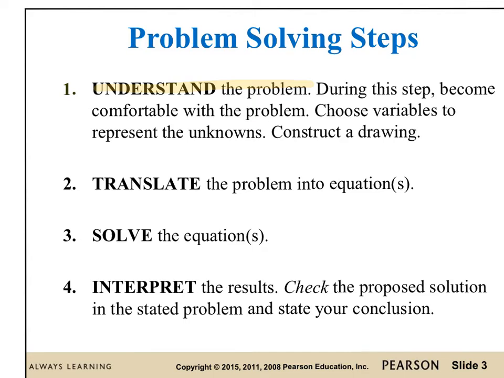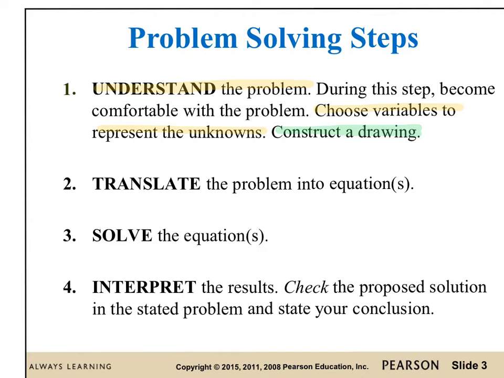But since you're going to have to choose variables to represent the unknowns, you definitely want to highlight what the unknowns are and maybe right above them a little note about what variable you want to use for that. And in this particular one, notice that we constructed a drawing because sometimes that helps. You can actually see better what the problem's talking about if you make a picture of it, or if you're given a picture of it even.